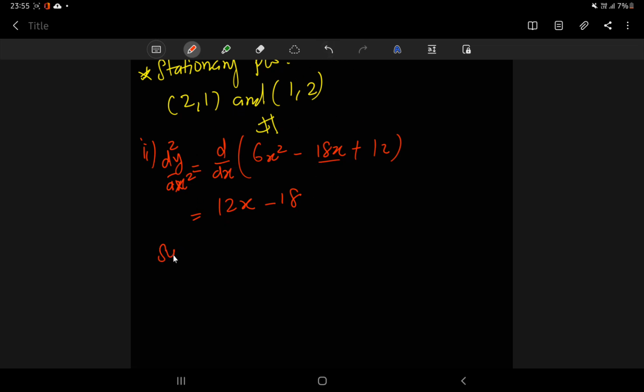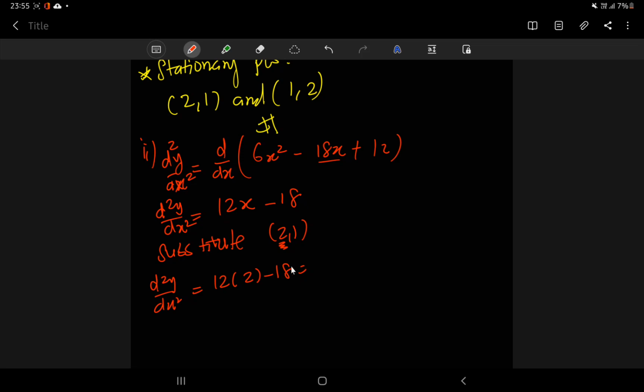So let's substitute the point 2, 1 into our second derivative. d squared y over dx squared equals, just substitute the x coordinate, 12 times 2 minus 18.